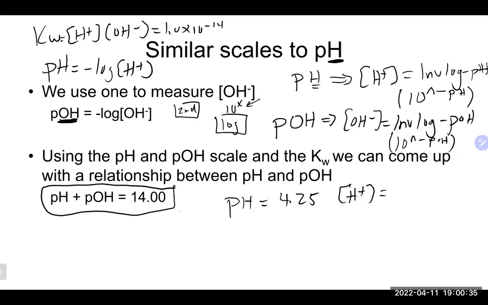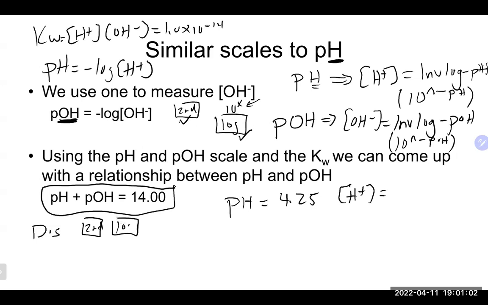Again, on your calculator, hit the second, hit the log, negative, and the pH value that's there, and then hit equals. By the way, if you have a non-display calculator, you have to do the number first on this one as well. So you have to do number, then second log, and then actually number negative. So if you have a display, you're going to go second or shift button top left.